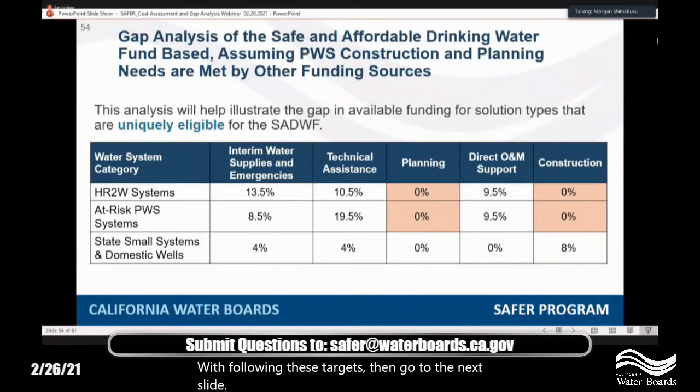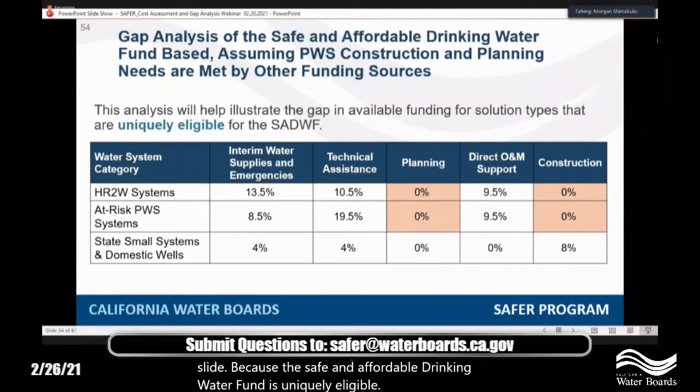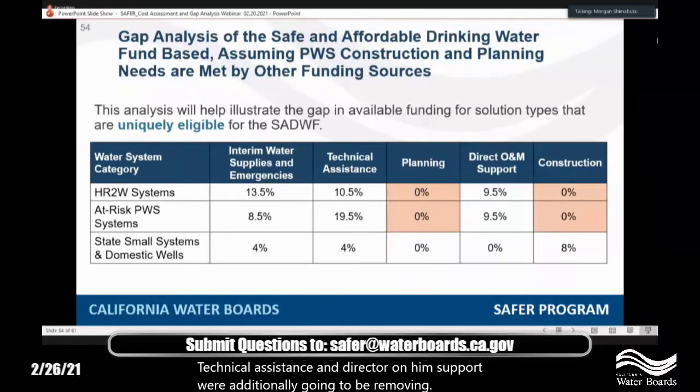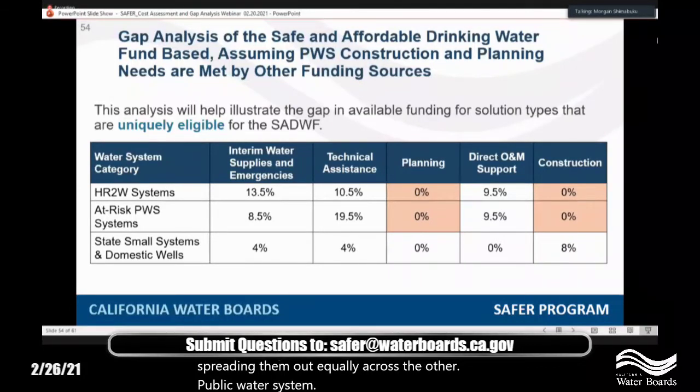Because the Safe and Affordable Drinking Water Fund is uniquely eligible for funding interim water supplies, technical assistance, and direct O&M support, we're additionally going to be removing those planning and construction percentages and spreading them out equally across the other public water system solution categories there.